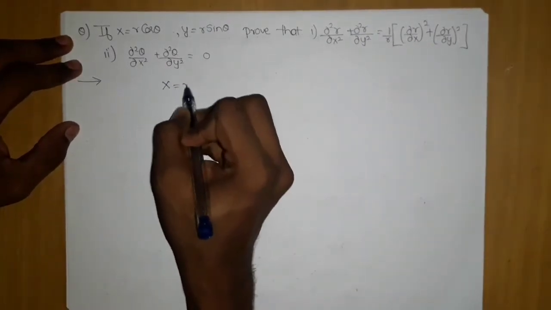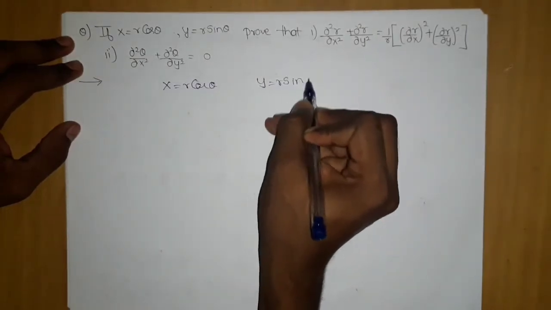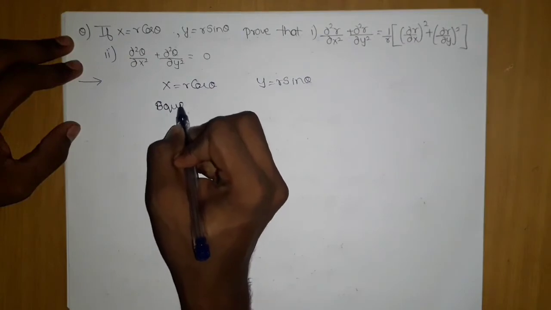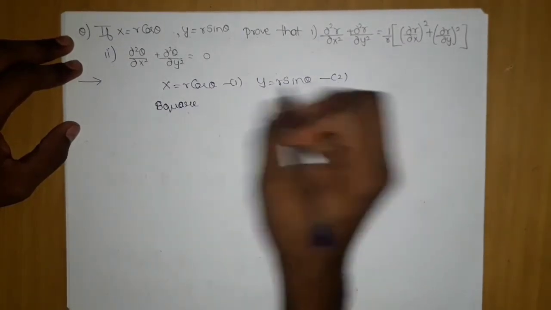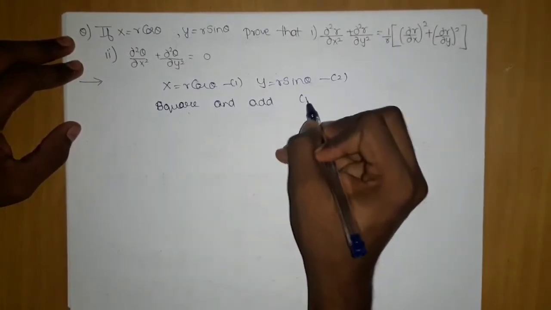I know x equals r cos theta, and y equals r sin theta. What I'm going to do is square and add 1 and 2.